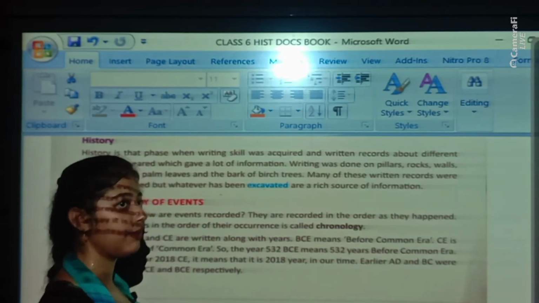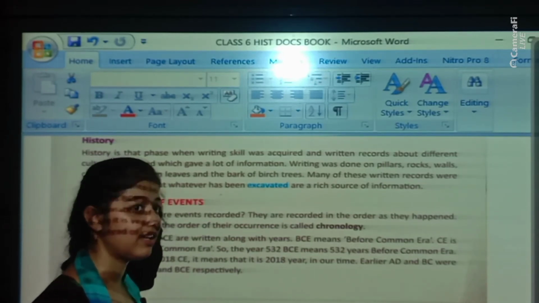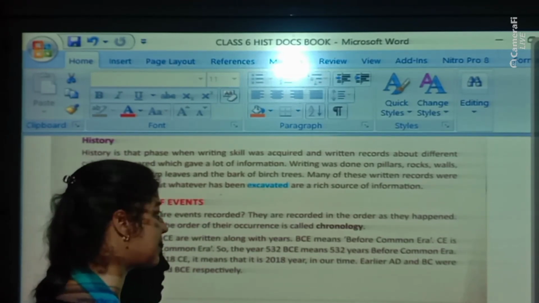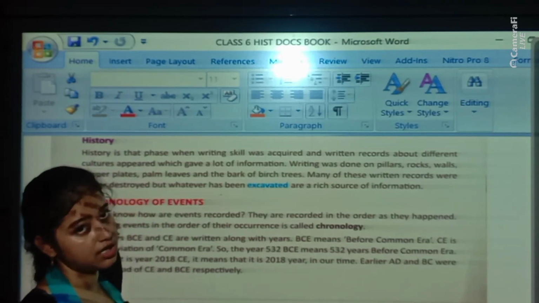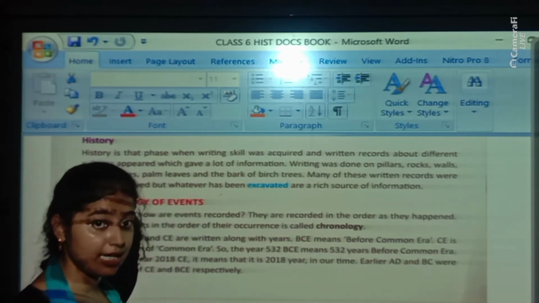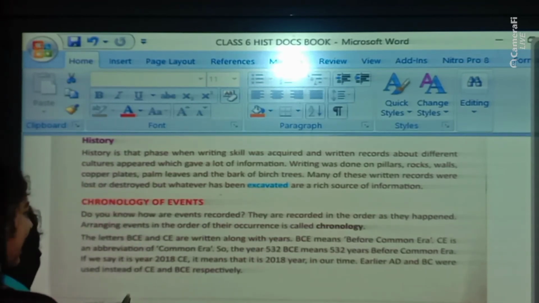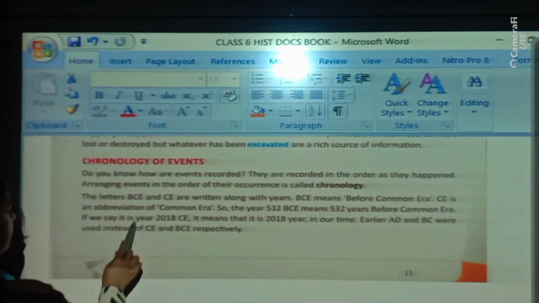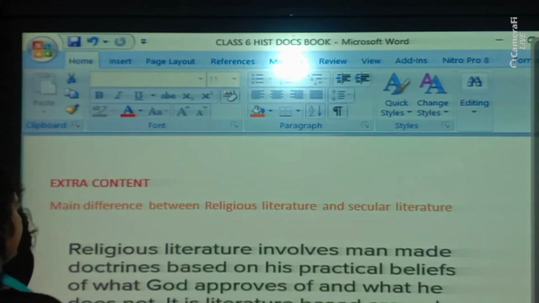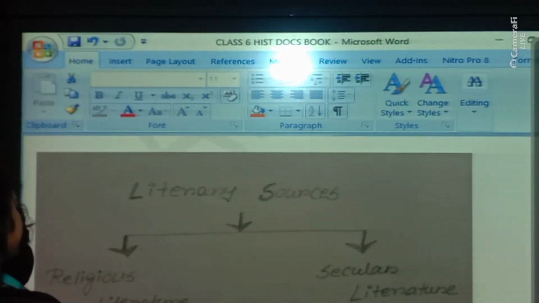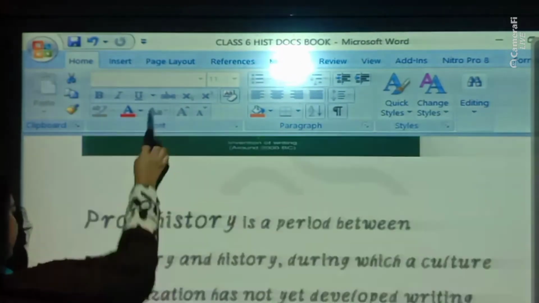If we talk about 2021, BCE means before 2021, and 2021 CE means in 2021, right? Now earlier AD and CE, what do they represent? Just have a look.